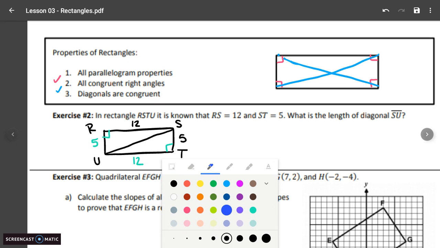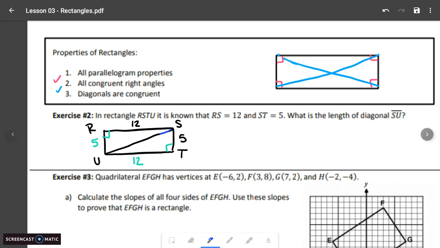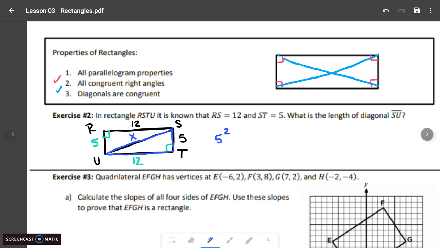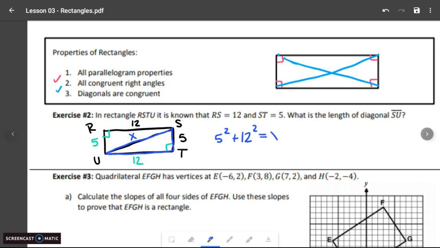To finish this up, we may be able to notice one of our familiar shapes as a right triangle, and we're looking for SU. So the question is, how do we solve for a missing side in a right triangle? We go back to the Pythagorean theorem. So 5 squared plus 12 squared equals x squared.